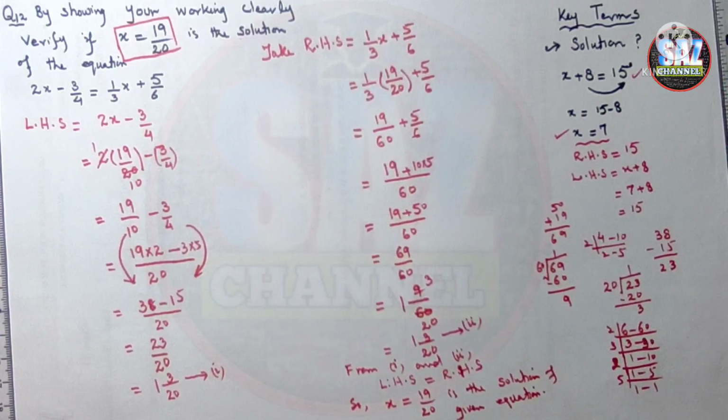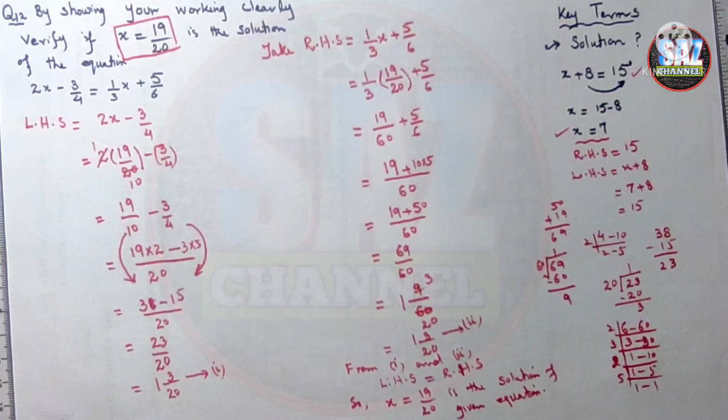I hope, juniors, you are really clear how we are verifying, how we are deciding whether the given value of the variable is the solution of the equation or not. If that value is the solution, then when we take any one side of that equation, suppose the right hand side, and replace the value of the variable in the given equation, the answer will be the same as the answer of the left hand side.